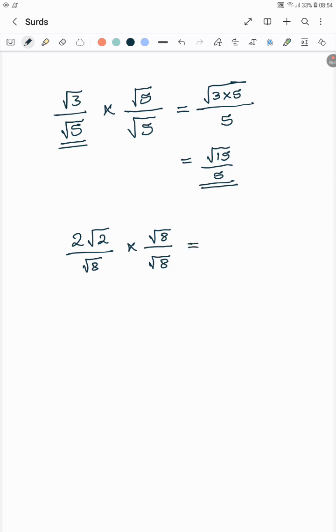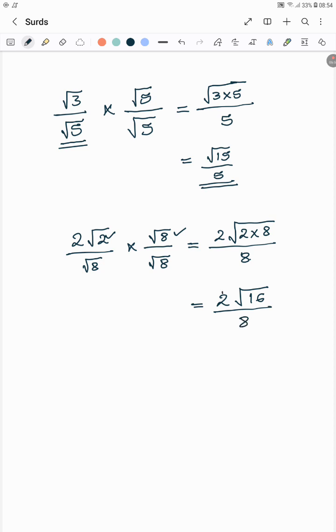And here, if you put this 2 and this 8 under the same root sign, at the bottom you're going to have 8, and on top you're going to end up with 2 root 16 over 8.